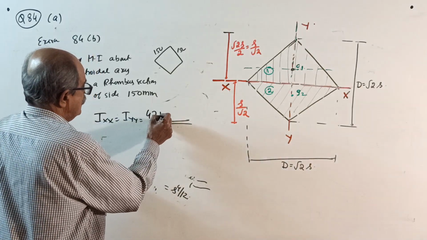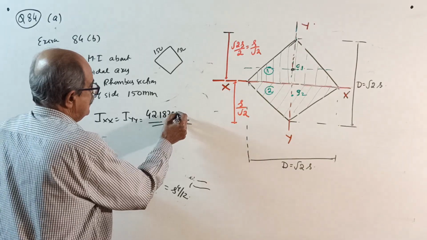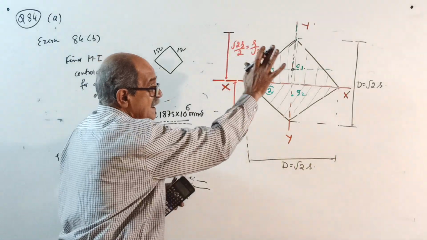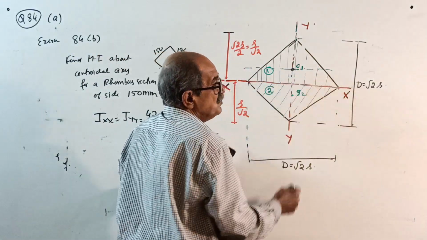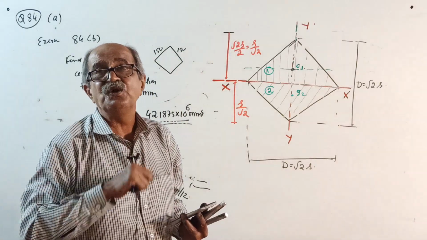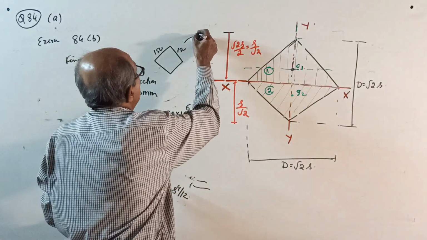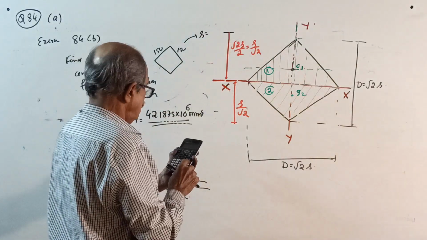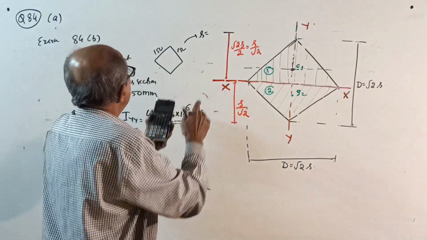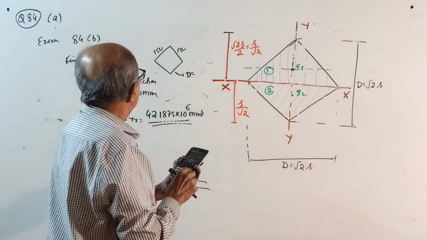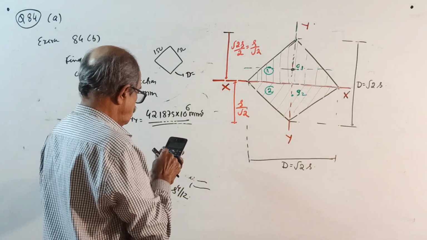42.1875 into 10 to the power 6 millimeter power 4. You should solve the same way, Ig plus A h square. This is the test for you. When you solve, your side is given as 150, and your diagonal will come 150 into root 2.